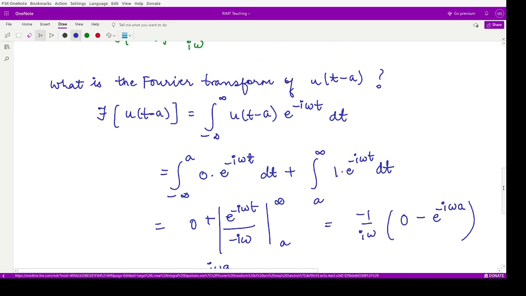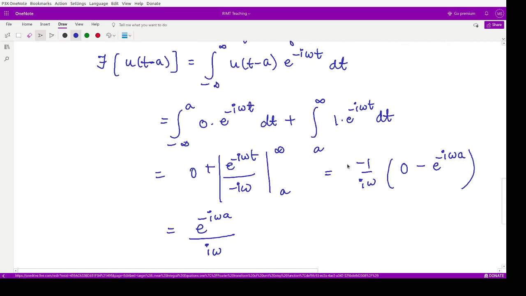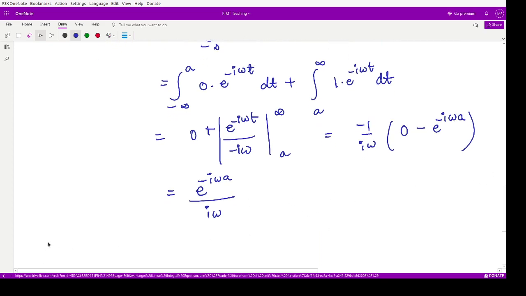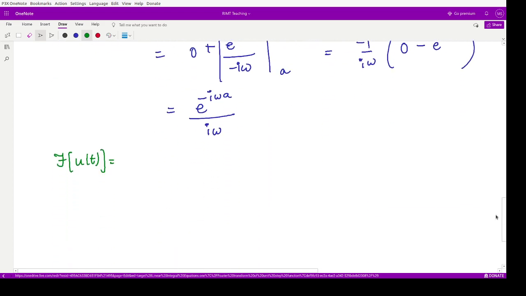So we have this shifting property also, which states that u of t minus a, it also gives you an idea that whenever you have the Fourier transform of u of t, this is equivalent to what we have just calculated, 1 by iota omega.